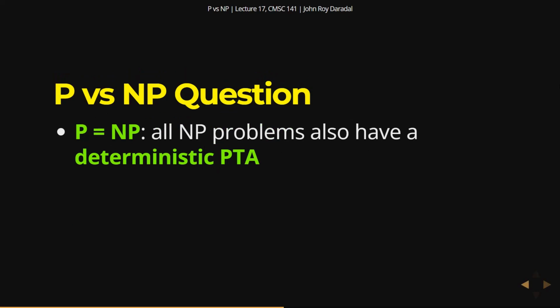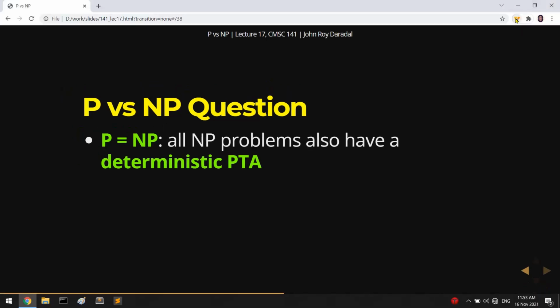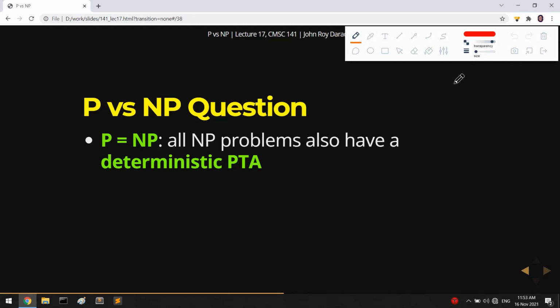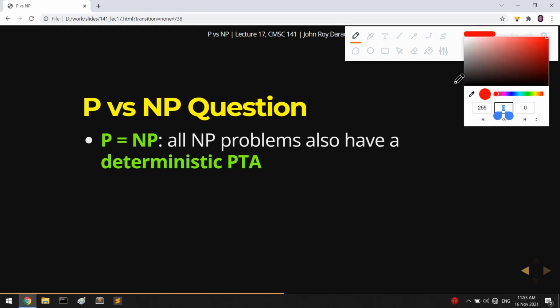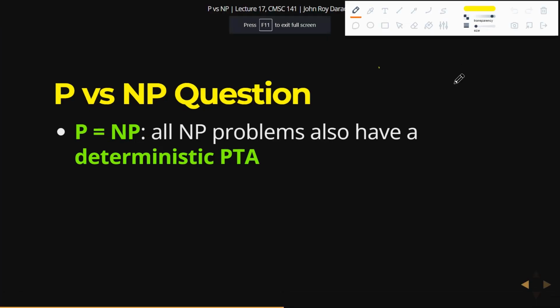Anyway, if P was equal to NP, that means that the set is just one whole set, right? We illustrated P and NP as P being inside NP.